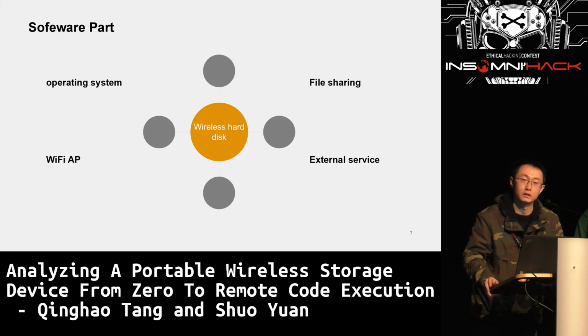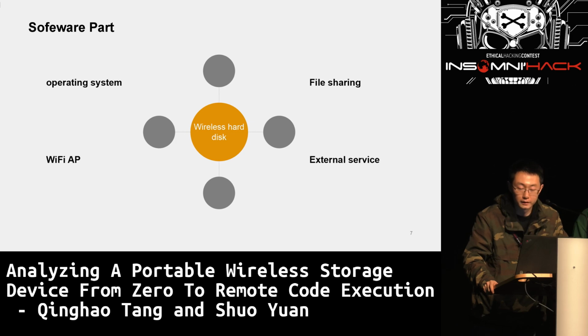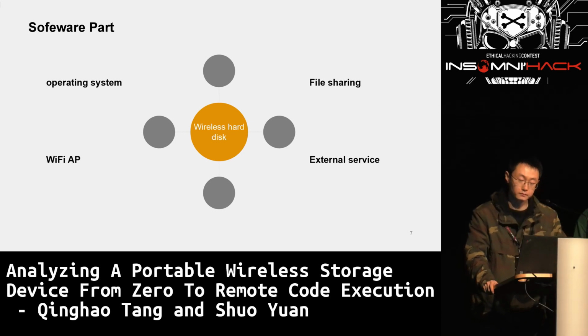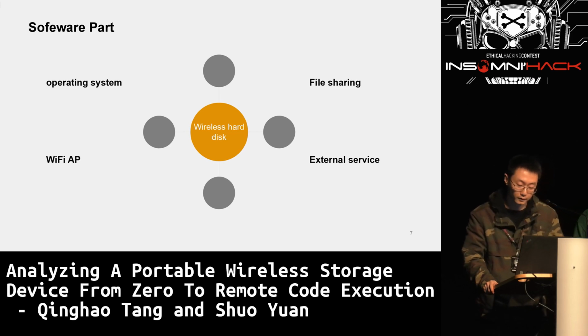Then we'll look at the software part. This type of wireless storage device is equipped with an embedded operating system. Some file sharing software and protocols are pre-configured on it, which provide a lot of functions. My colleague will introduce this in the next part. This device has three main functions.